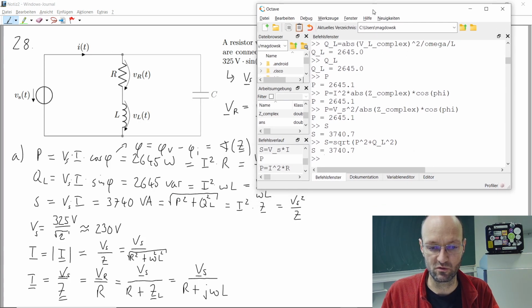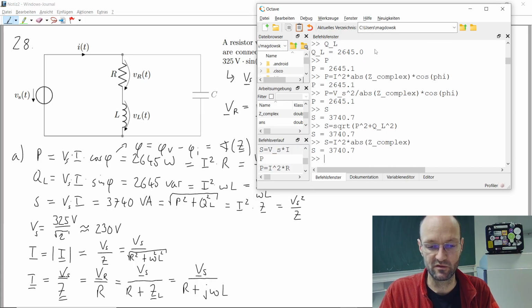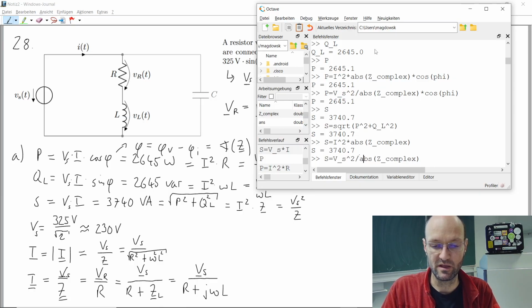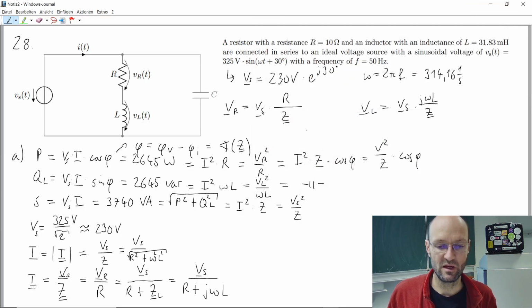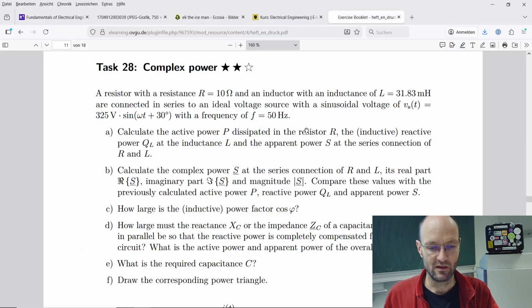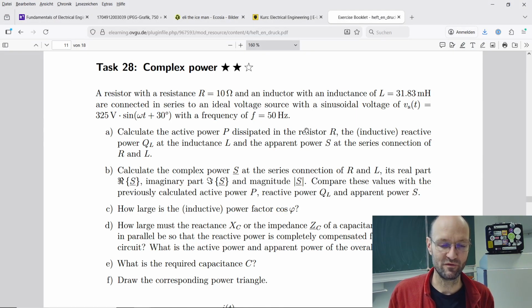So if we try this out, S as current squared multiplied with the absolute value of our complex impedance, then we get this S, and if we take the RMS value of the source voltage squared and divide by the magnitude of the impedance, we also get the same apparent power. Okay, so many ways to do this calculation, and what we have now very often successfully done is in very many different ways we have calculated the active power dissipated in the resistor, the inductive reactive power at the inductance, and the apparent power of the series connection.